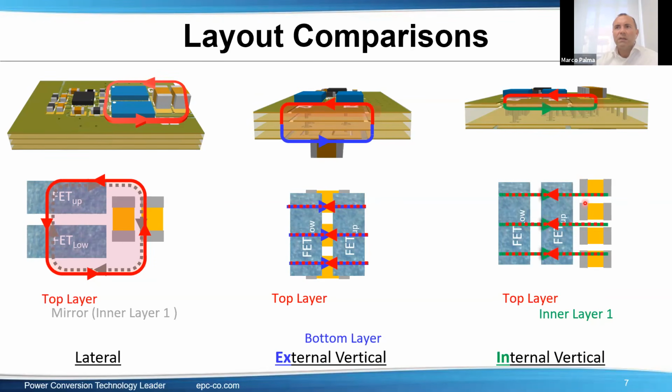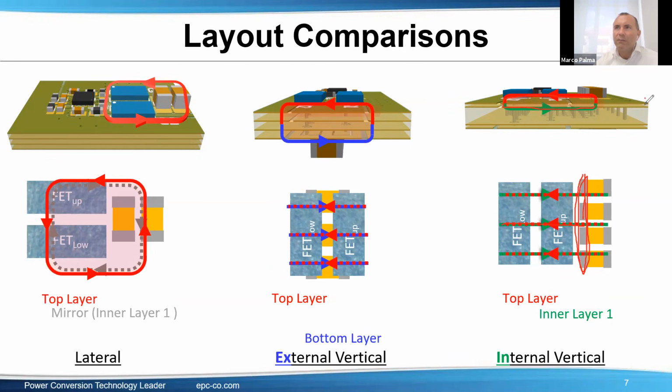Let me annotate like this. This is the plus V. If you imagine the red arrow goes through the high device and then the low device, so it's going on the top. Then when it has to close, it's better that it closes in the inner layer immediately.